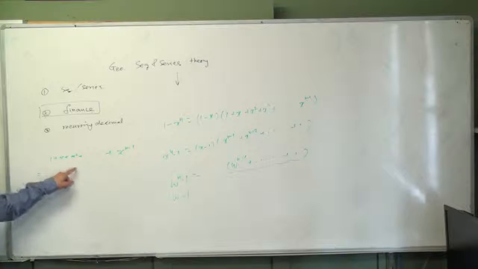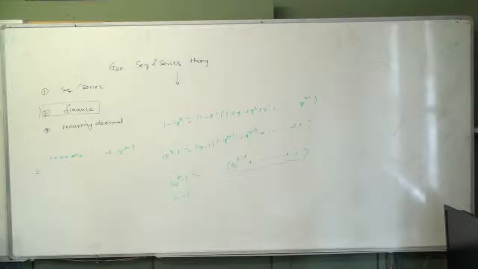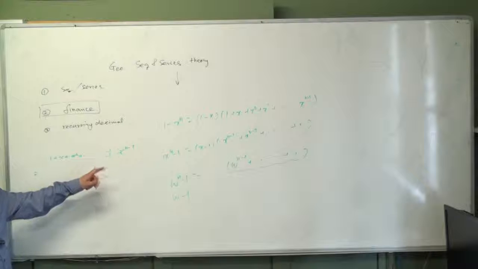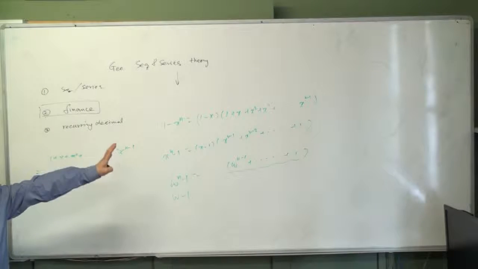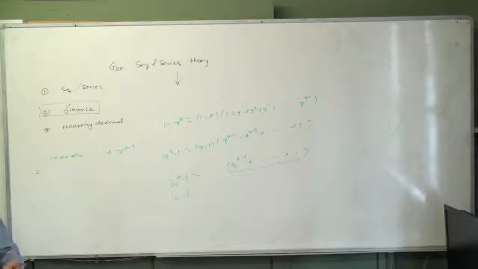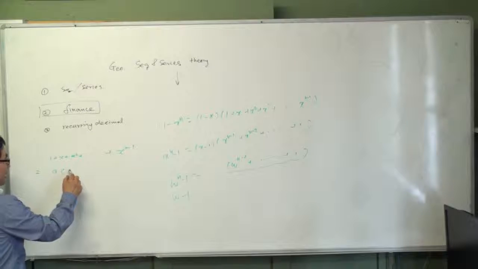This is a geometric sequence. What's the first term? 1. How many terms? If it's not limited, if it's indefinite, but here it is definite, n terms, from 0 to n minus 1.